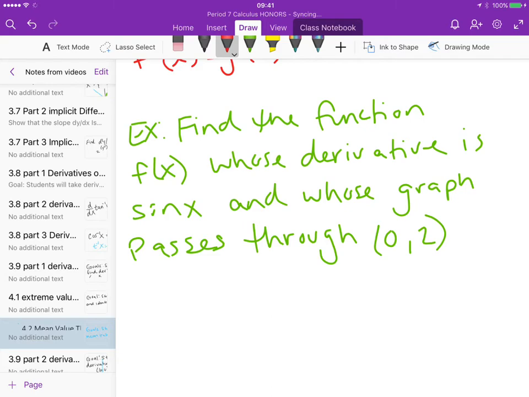Okay, so let's think here for a second. f has a derivative that is sine of x. So we got to think to ourselves, what was the original function such that when we took the derivative of it, we got sine of x?